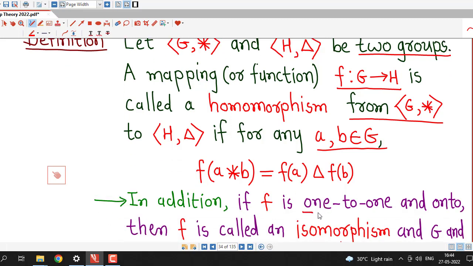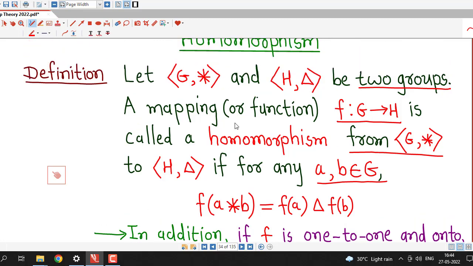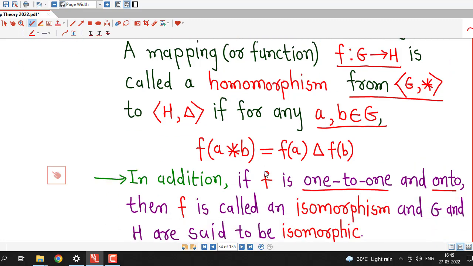We have discussed 1-to-1 and onto functions in the lecture series on functions. So if this homomorphism is 1-to-1 and onto also, then it is known as an isomorphism. So an isomorphism is a function f from G to H which is a homomorphism as well as 1-to-1 and onto.